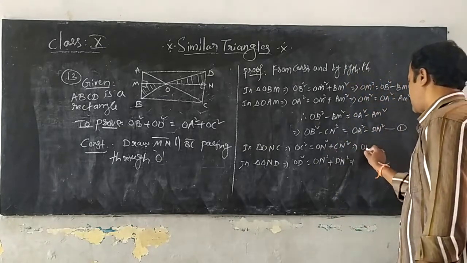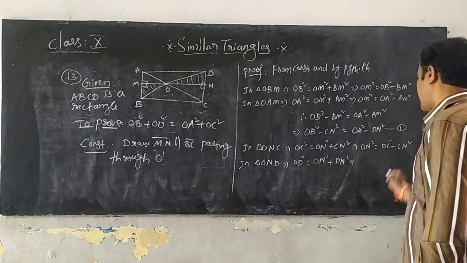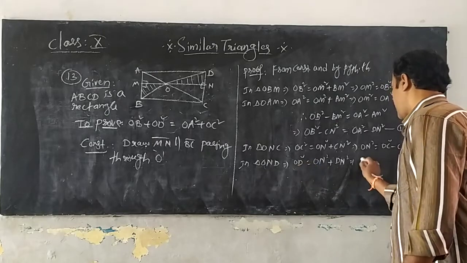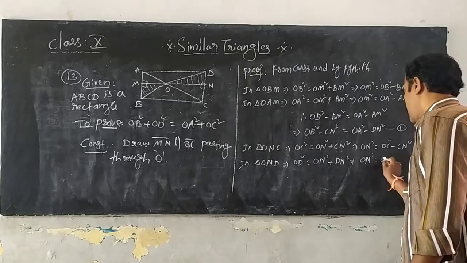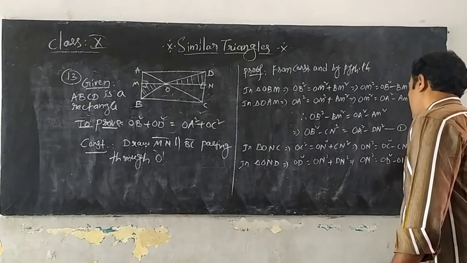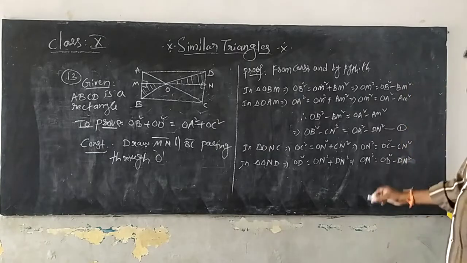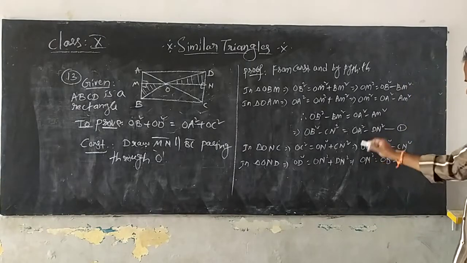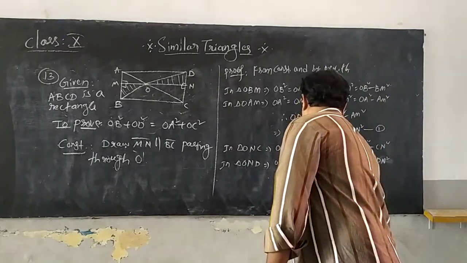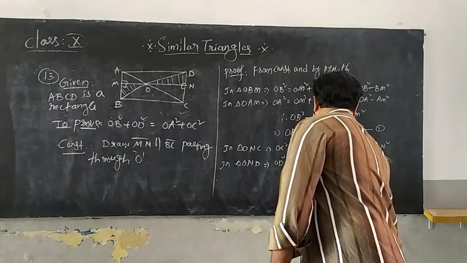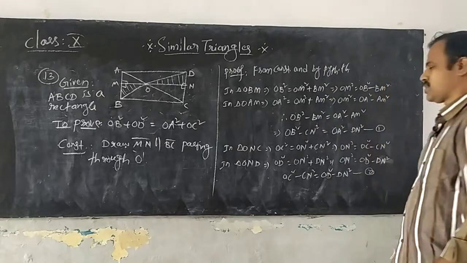ON square is equal to OC square minus CN square, and ON square is equal to OD square minus DN square. Taking ON square as common, OC square minus CN square is equal to OD square minus DN square. This is the second equation.